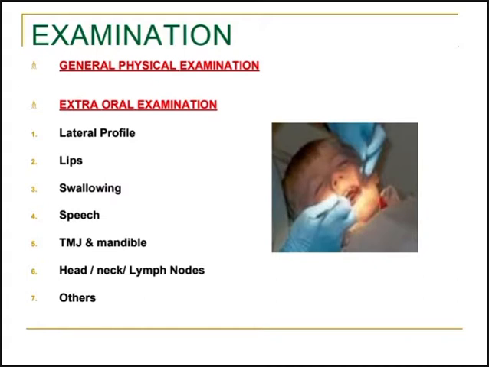These three points you just imagine, you don't have to draw with a scale or a pen, and you make imaginary lines joining them. If your imaginary line is straight, the profile is straight. If the imaginary line you have made by joining these three points is convex, the patient has a convex profile. And if it is concave, the patient has a concave profile. All right, is this lateral profile clear to you?